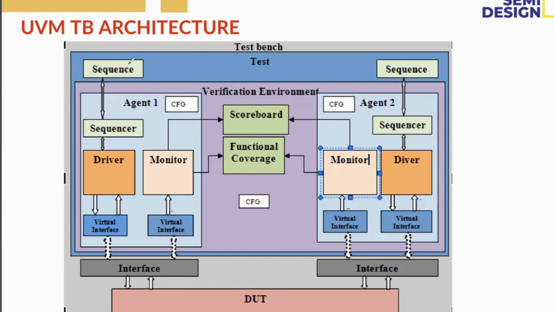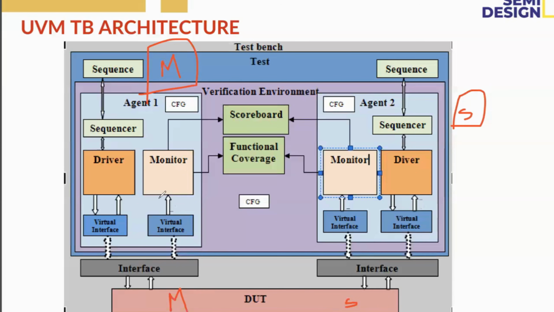Mainly AHB and APB we use for register configuration, right? So if it is working like a master, and this is an AHB slave, there will be an AHB master DUT and an AHB slave DUT. So for both VIPs, we are generating the test sequences.